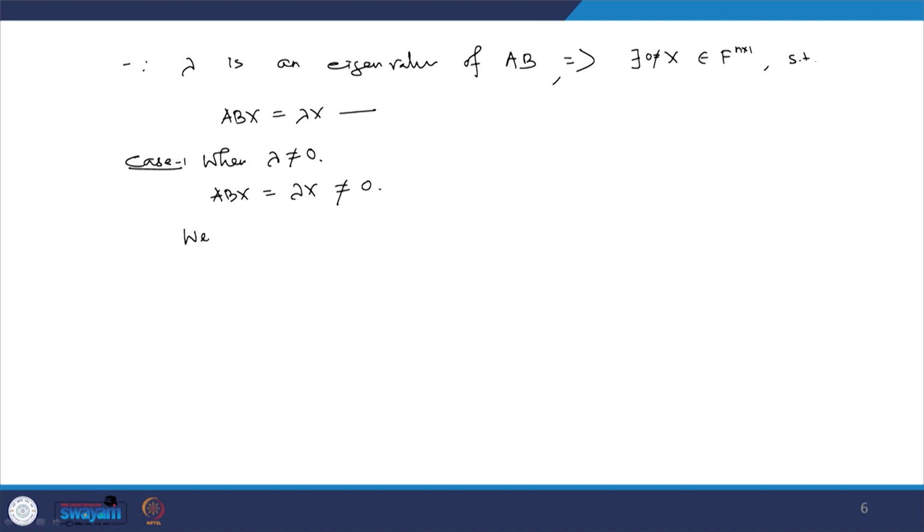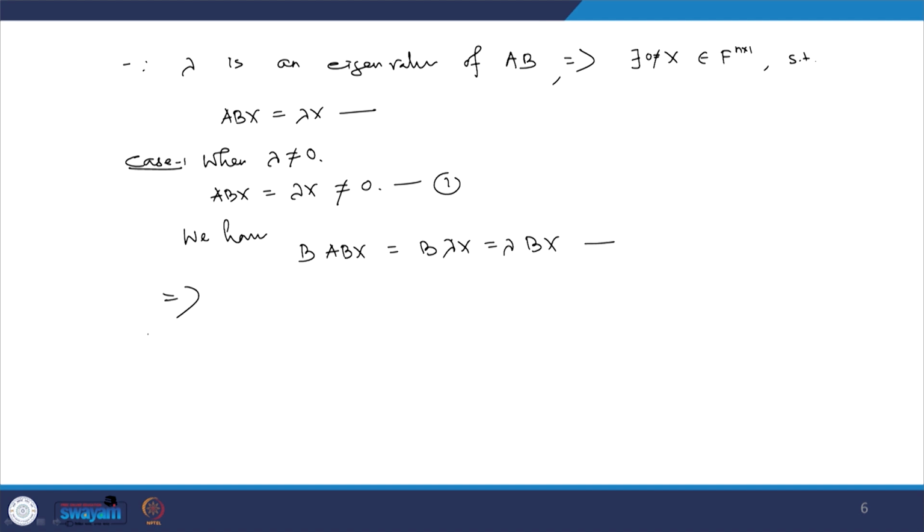If I multiply by B matrix, because B is also an n cross n matrix, then B into ABX will be equal to B into lambda X, which is lambda into B into X, because lambda is a scalar quantity and I can take it out.